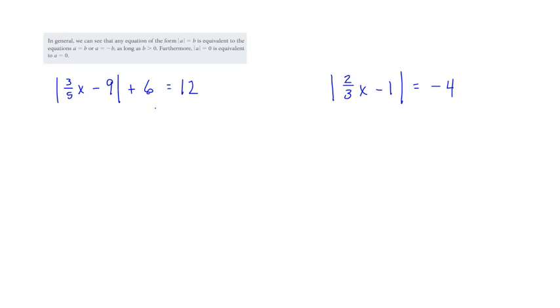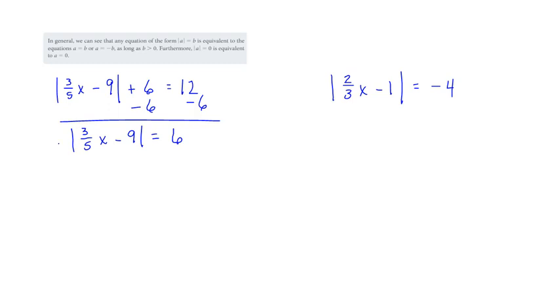When you have something like this, the best thing to do is get that absolute value symbol all by itself. So let's move this 6 over to the other side so that we have the absolute value symbol all by itself, so that I can then look at the positive and the negative case, but don't try to do it until you move all the other stuff to the other side.